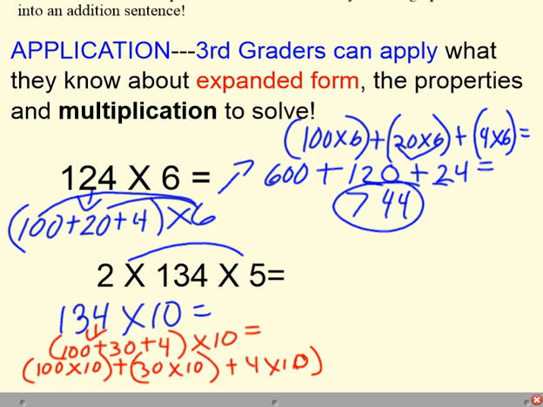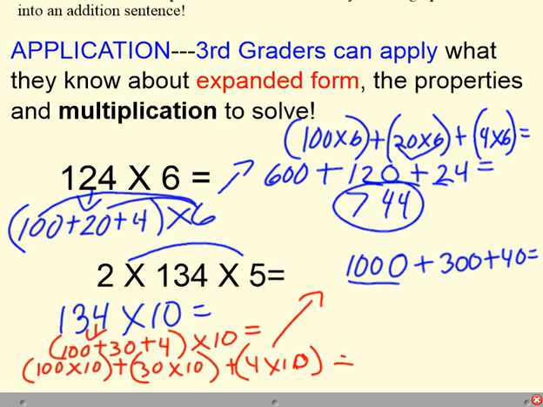And I'm going to use what I learned about multiples of 10 to help me. First, 100 times 10 is 1,000. And then I have 30 times 10, which is 300, plus 40. And then I'm going to put that together. I have 1,340.